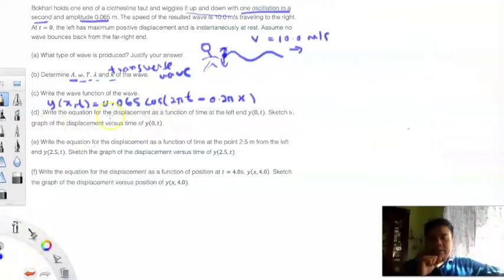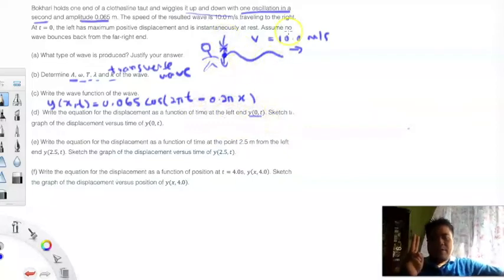Next, write the equation for displacement as a function of time at the left end, which is y(0,t), and sketch the graph of displacement versus time. So you have two tasks. First, write the equation. Second, sketch the graph. Y(0,t) means the particle at this point.